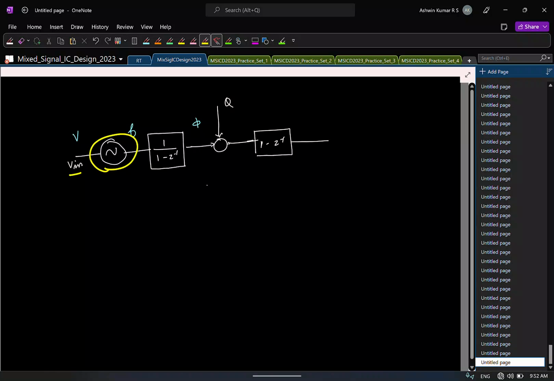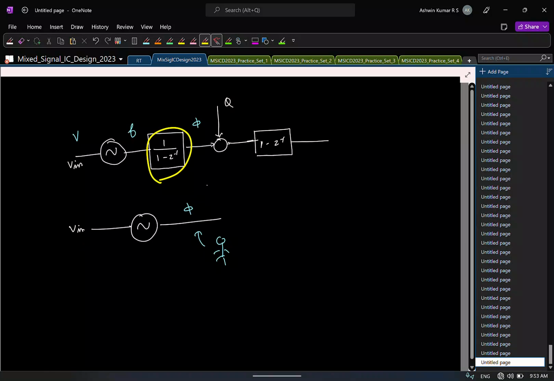The VCO will convert the voltage to a frequency, and I actually don't have to do this integration, because what I am essentially doing is looking at the phase here. Fundamentally the relation between frequency and phase is an integral, so you don't have to sit and do the integration. So I give my input to the VCO and observe the phase of the signal here. If I simply observe the phase, the relation from the input voltage to the output phase is an integral.